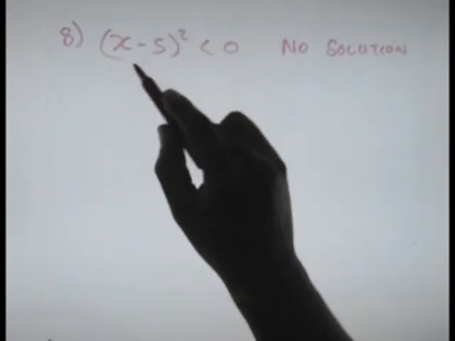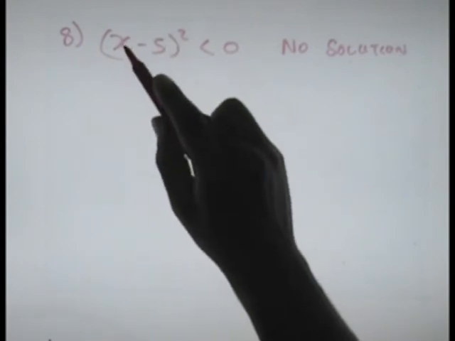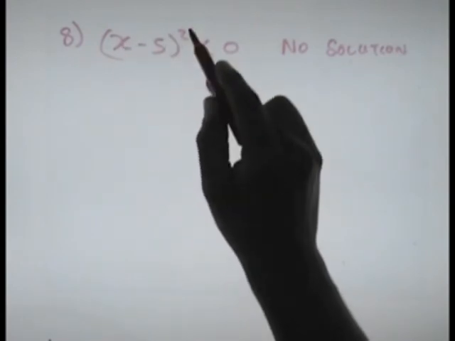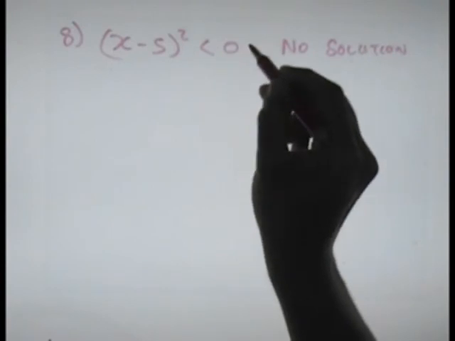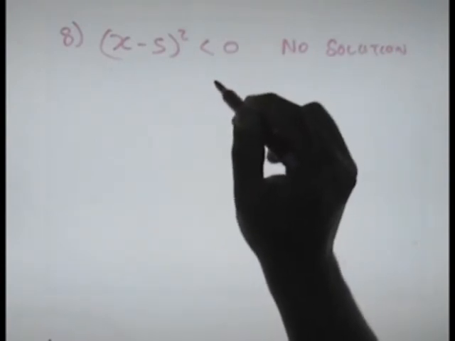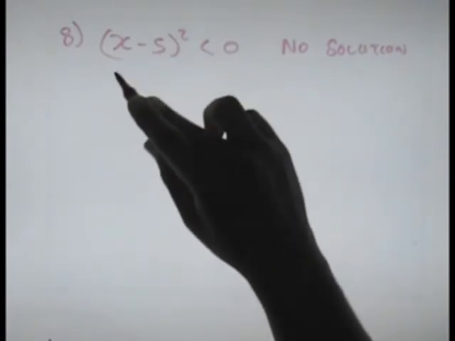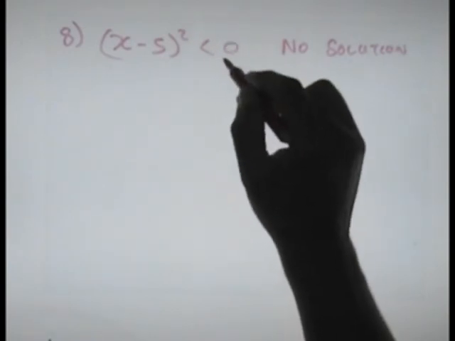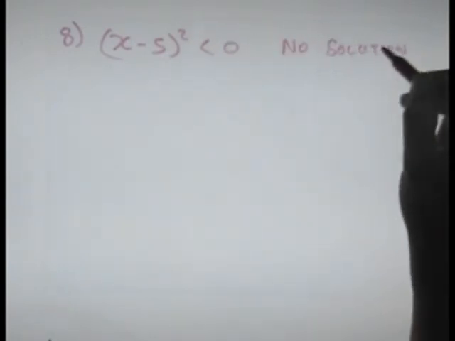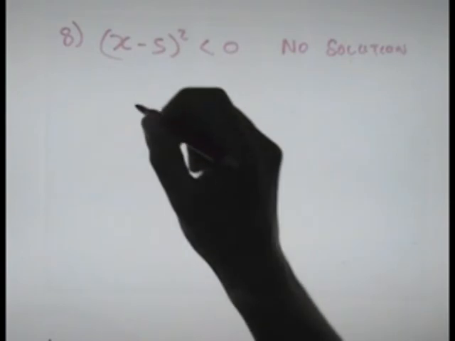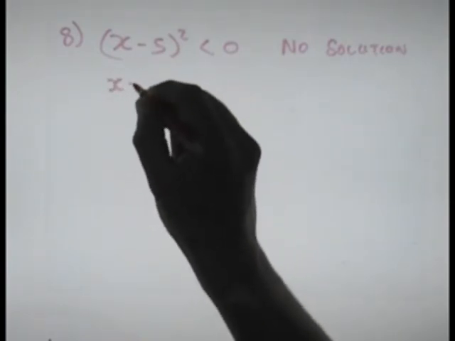We can make this equal to 0 when x is equal to 5, so that will be 0. But 0 is not less than 0, it's equal to. So for this one, x minus 5 squared is less than 0, there is no solution.